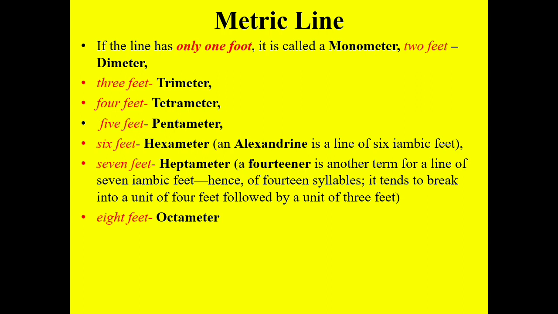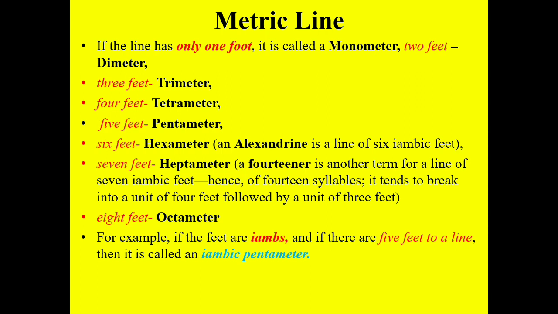If you find 8 feet in the line, that is called octometer. So for example, if the feet are iambs and there are 5 feet to a line, then it is called iambic pentameter. If the feet are iambs and you find 5 feet to a line, that line is called iambic pentameter.